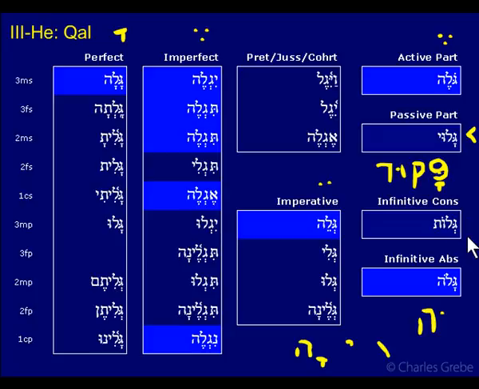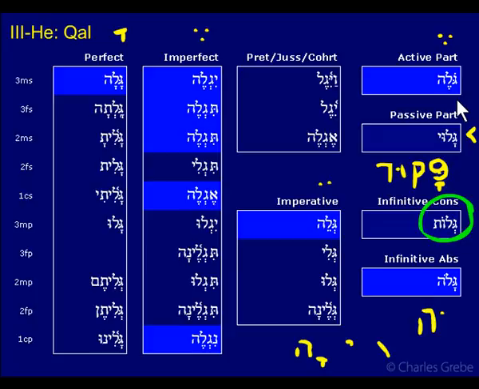This one, gilot, this is odd. Let me change colors here. This is one to remember. Circle it in green, I guess. This one looks like the feminine plural ending, doesn't it? The ot ending, remember that from the feminine plural nouns? And also participles, because participles can function a bit like adjectives or nouns. So don't get this confused with the participle.